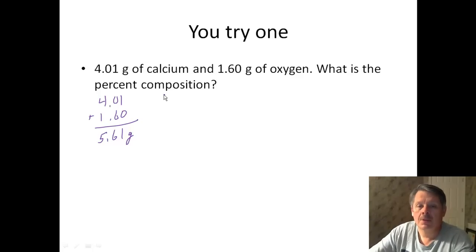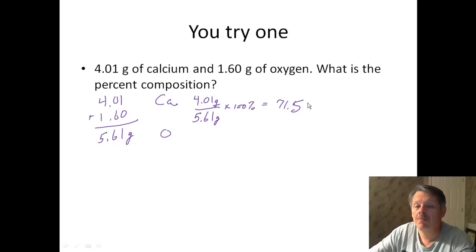All right, we have two things. We have calcium and we have oxygen. Calcium is 4.01 grams, and I'm going to divide that by my total number of grams, which is 5.61. And because we're looking for a percentage, I am going to multiply by 100%. Right, the number that I get is 71.5%. Right?